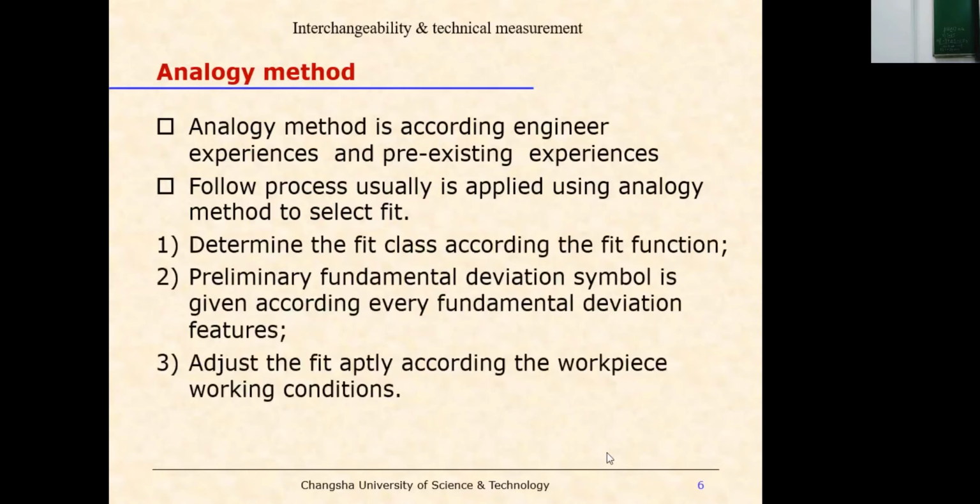Firstly, determine the fit class according to the fit function, and the preliminary fundamental deviation symbol is given according to the fundamental deviation features, fitting according to the workpiece working conditions. Later I will give you some examples of how to design this.